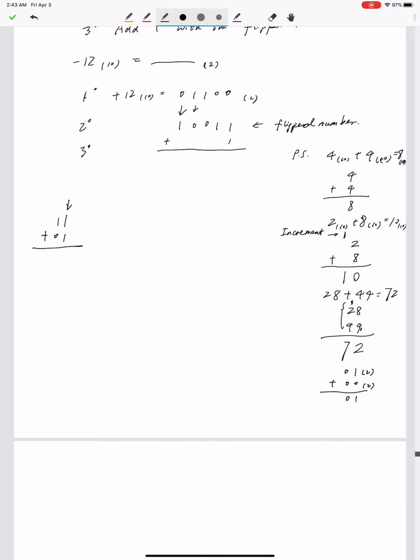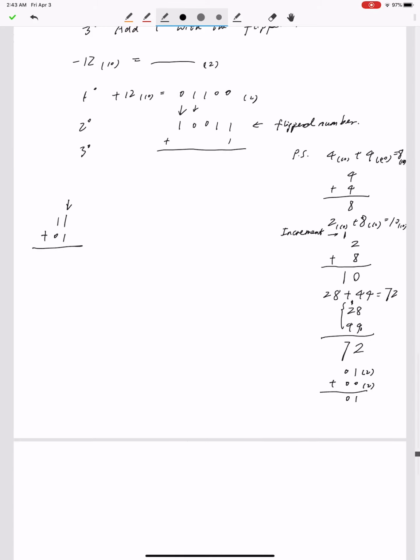Whenever you sum two numbers and the result is larger than 9, then you have an increment, right? For binary numbers, it follows the same way. Whenever you have two numbers summed together, if the result is larger than 1, then you have an increment for the previous digit.